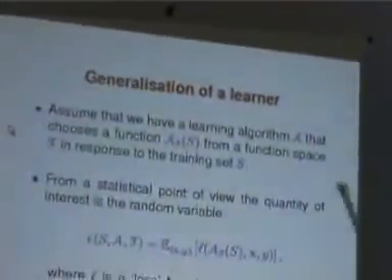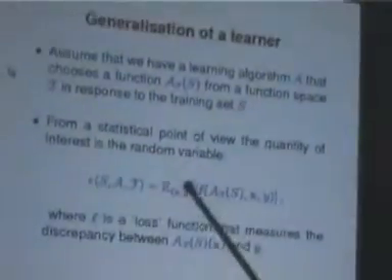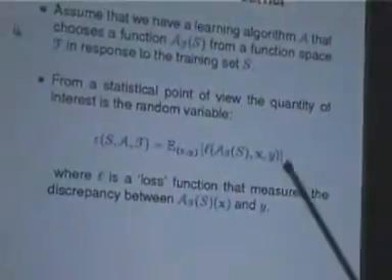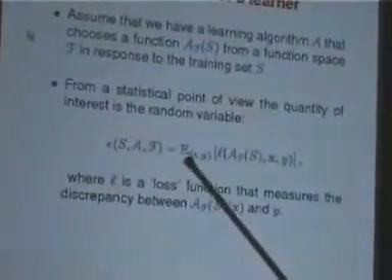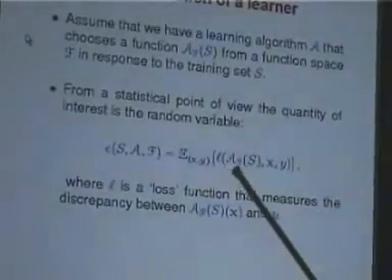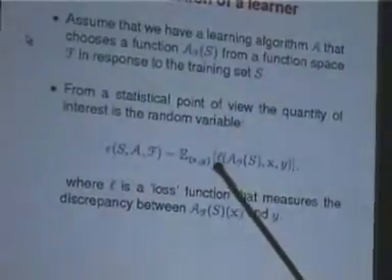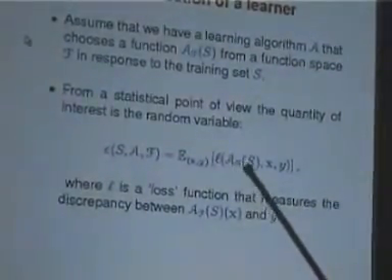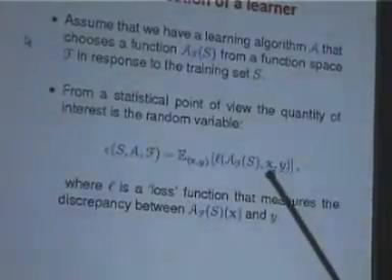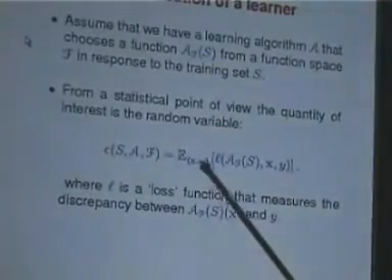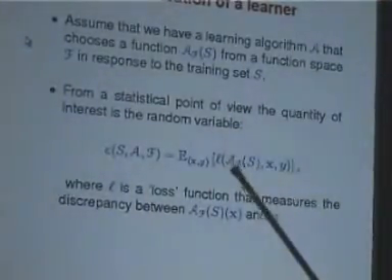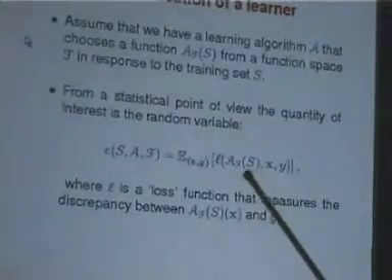And from a statistical point of view, the quantity that we're really interested in is this quantity here, which is the expected value of the loss when we apply this function to a randomly generated new test point. So (x, y) is a new test point, and this is the function we learned from the sample which we were given.